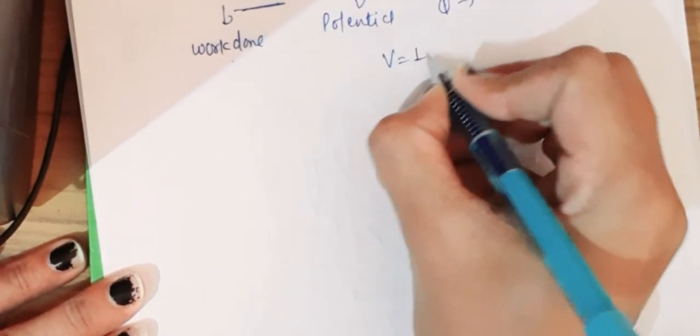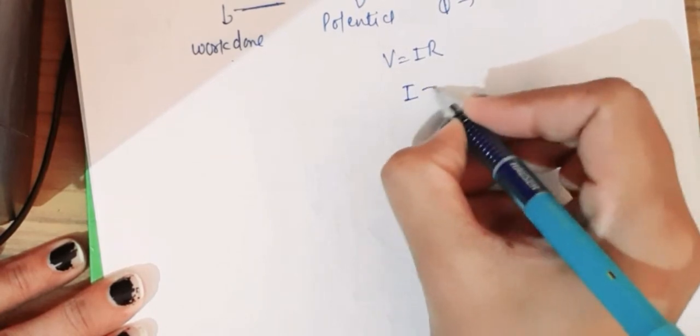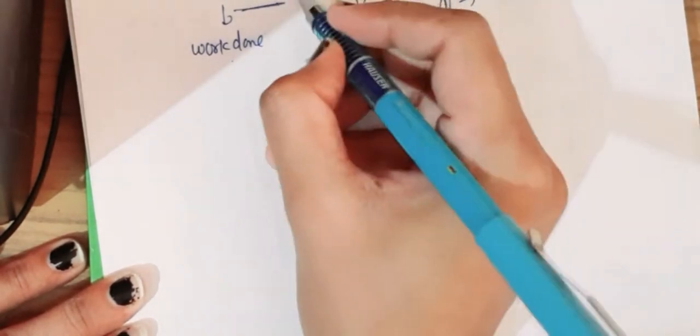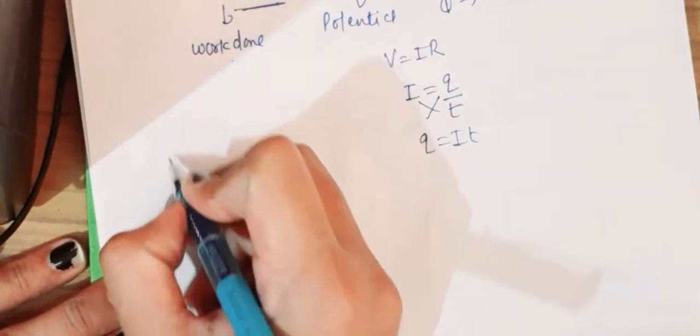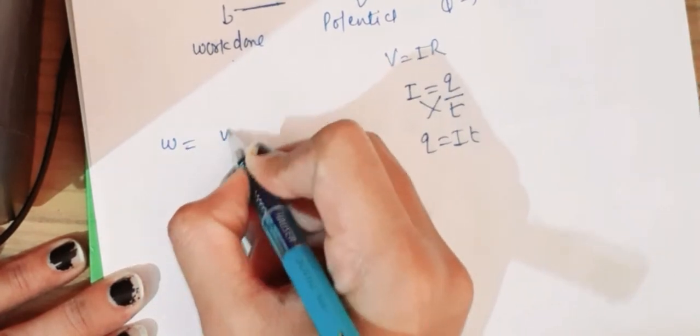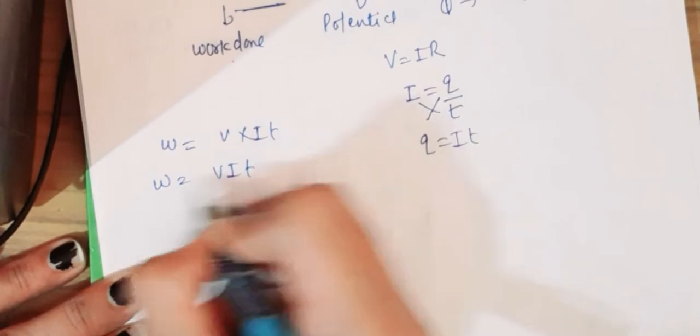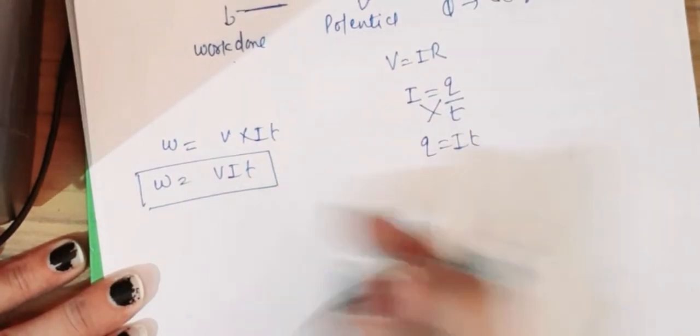We can also derive another relation, because we know that V is equal to IR, and we also know that I is equal to Q upon T, so Q is equal to I into T. We can put this in the first equation and get V into IT. So W is equal to VIT. Here is another relation.